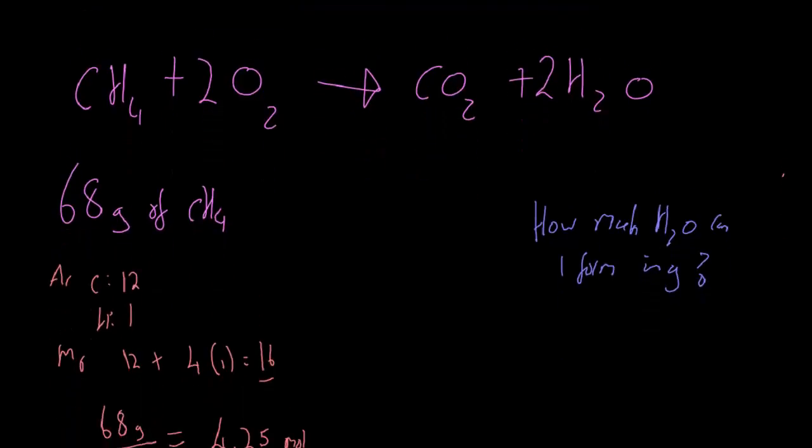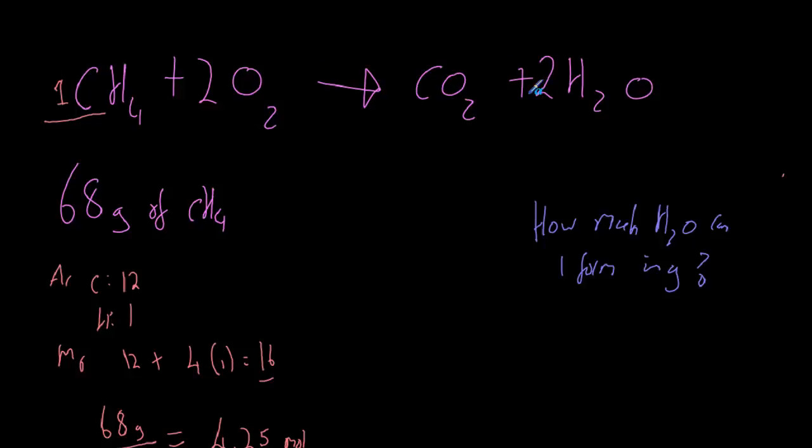If we have a look at our equation, well, the number in front of CH4, we don't have a number there, and that means that it's the number 1. Because 1 lot of CH4 is just CH4. Don't make the mistake and think that that is the number 0, because of course it's not. Now we have 1 CH4 plus 2 oxygens gives us 1 carbon dioxide plus 2 waters.